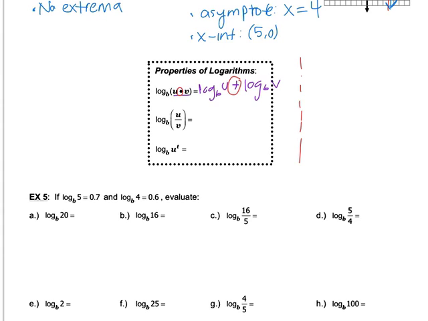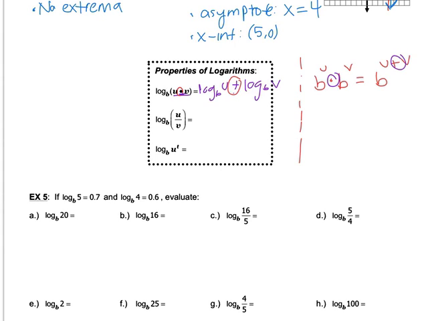This relates to our properties of exponents because we saw that if we had a base raised to some power times a base raised to a different power, we could rewrite that as the base raised to the sum of those. So this multiplication became addition in the exponent. And same thing here, this multiplication became addition between the two logs. So they all relate back to our properties of logarithms.